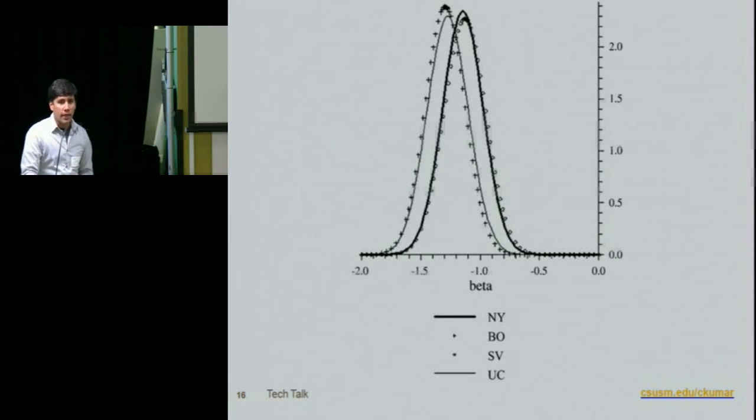In order to do that, we mapped the beta 1 coefficients, which once again shows us the shape of the long tail, and we observe that the New York and Silicon Valley beta 1 coefficients are much closer in terms of diversity of requests compared to Boulder and Urbana-Champaign, which on the left-hand side are closer together to one another.